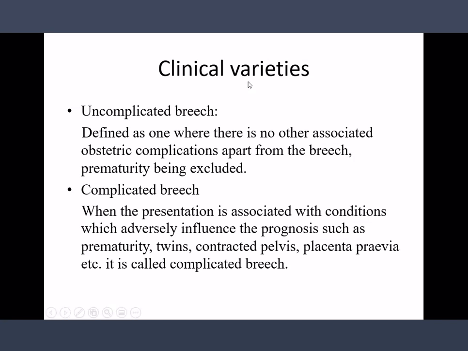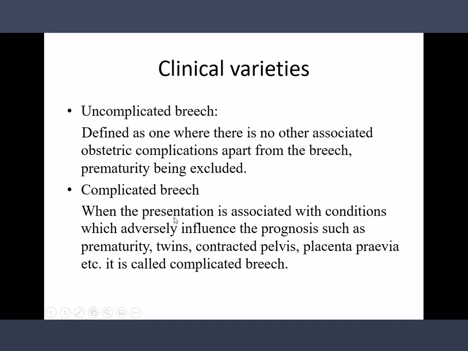Next. Depending on the risk factors in pregnancy, again there are two clinical varieties in breech presentation. One is uncomplicated breech, second is complicated breech. Apart from breech, if there are no other associated risk factors, it is known as uncomplicated breech.